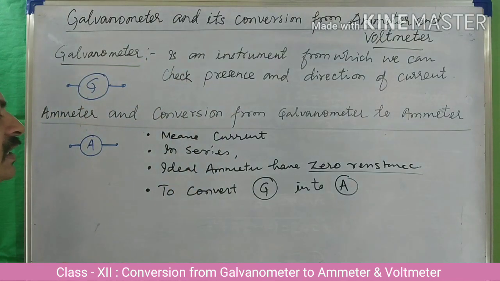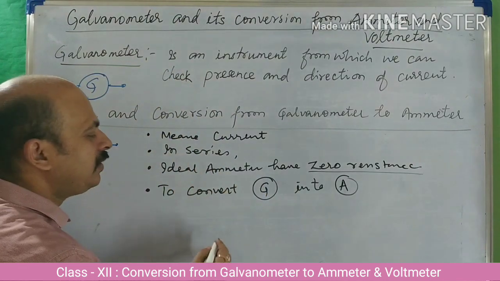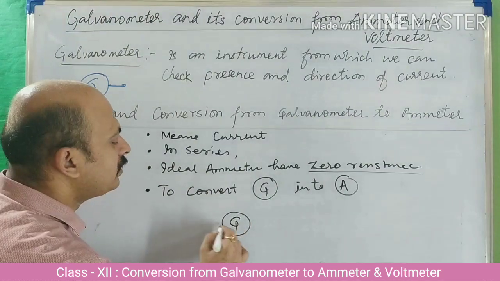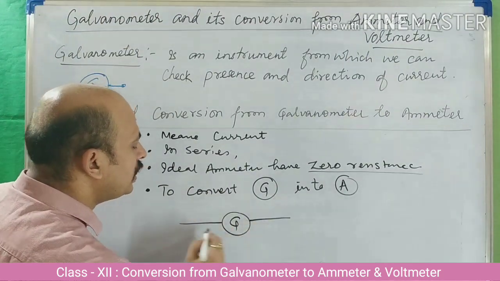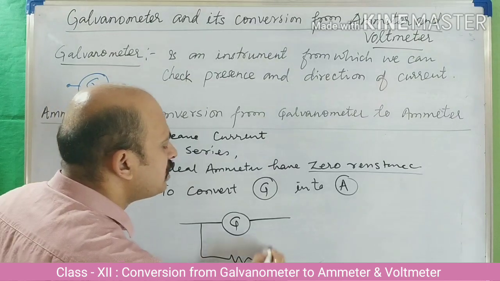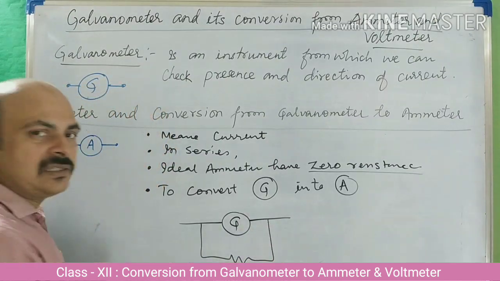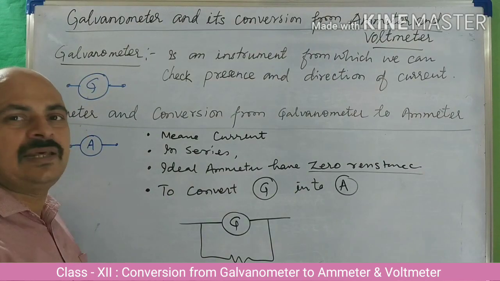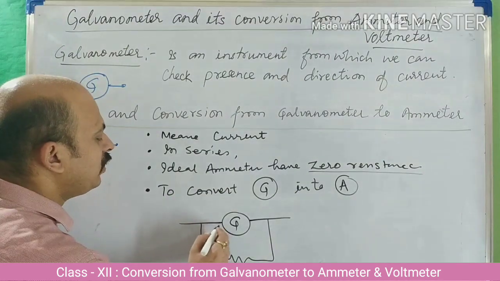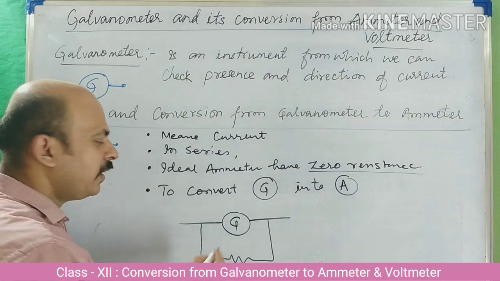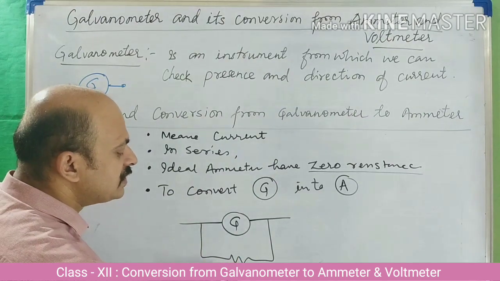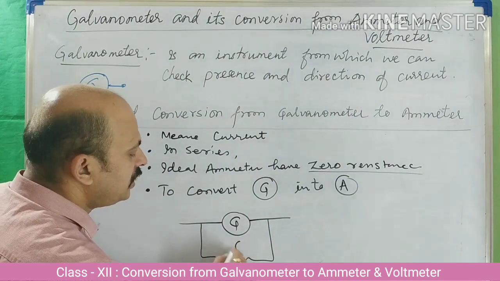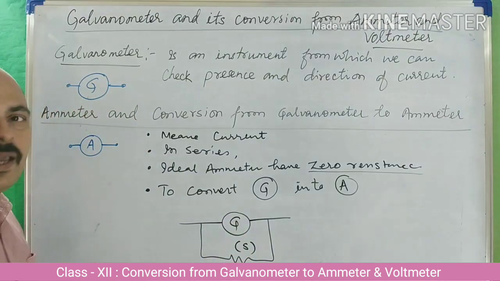How will you decrease the resistance of that galvanometer? We need to connect a low resistance parallel to it, because if you connect a resistance parallel to a given resistor, then the equivalent becomes less. So there is a galvanometer whose resistance is G, and a low resistance called a shunt is to be connected parallel to the galvanometer this way.